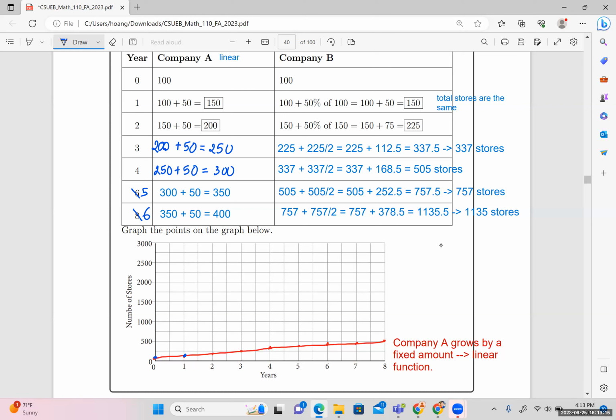The third point is going to be slightly different, and then the fourth is going to be 337, somewhere here. 505 is the next. 757.5, somewhere here. 1135.5 is the next one.